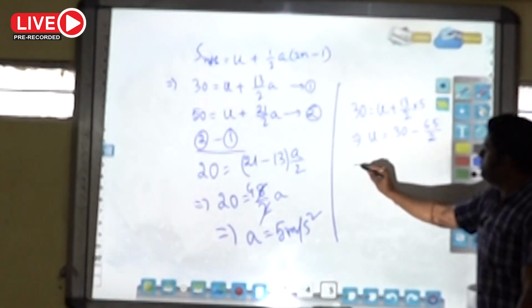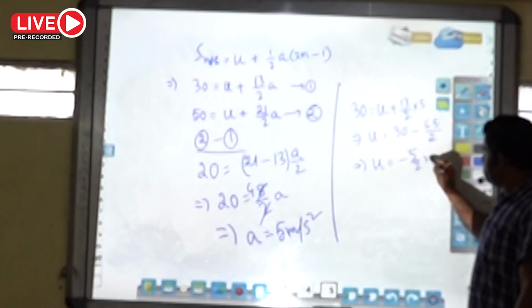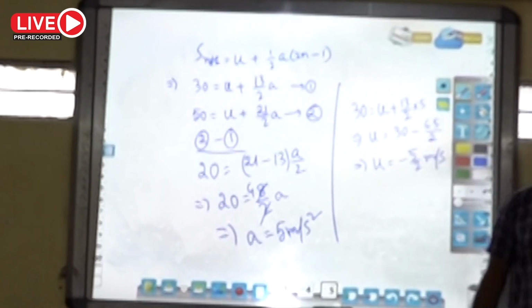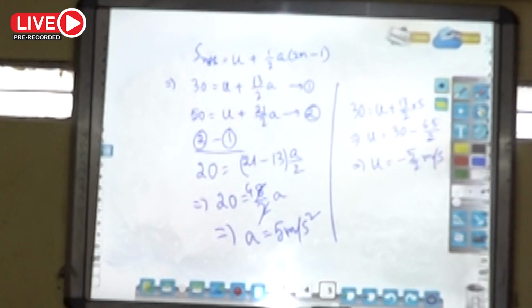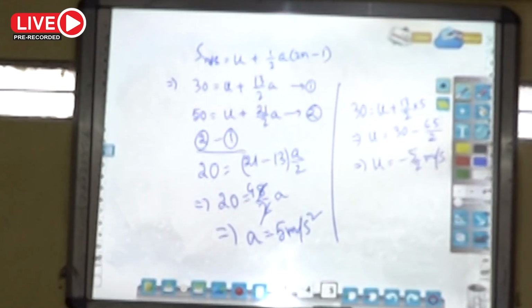So it will be u equal to 60 minus 65, so minus 5 by 2 meter per second. Means minus 2.5 meter per second. So this is the value of the initial velocity.